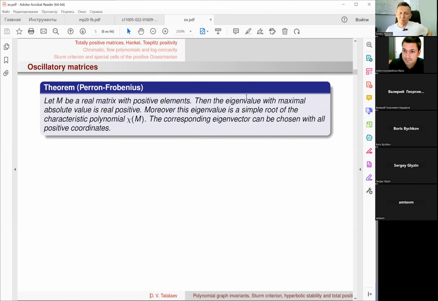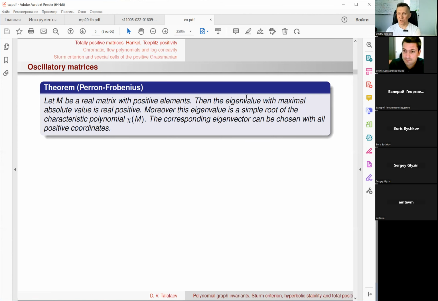Another very important theorem, I'd like to say the structure theorem of positive matrices, is the generalization of the Perron-Frobenius theorem. I'd like to recall the basic facts. The Perron-Frobenius theorem: let M be a real matrix with positive elements.